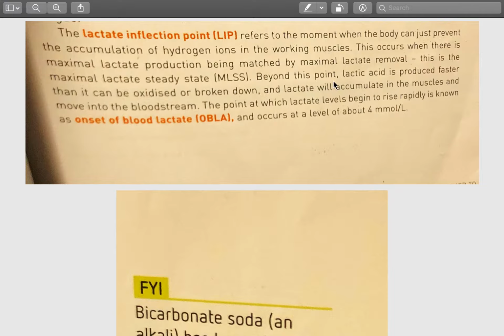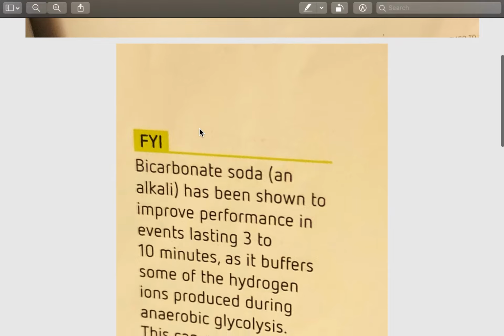The lactate will accumulate in the muscles, move into the bloodstream, and this is the point where we have the onset of blood lactate. So now not only is it building up in a negative aspect in our muscles, but it's starting to build up in a negative aspect in our bloodstream. This is the point here where the body is going to start really not working efficiently with its muscle contractions.